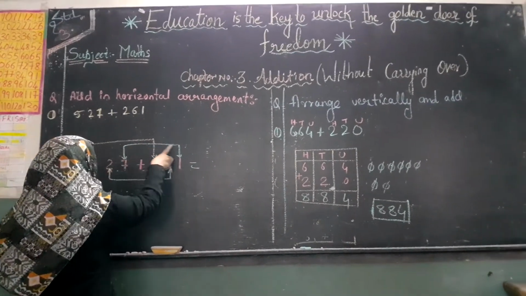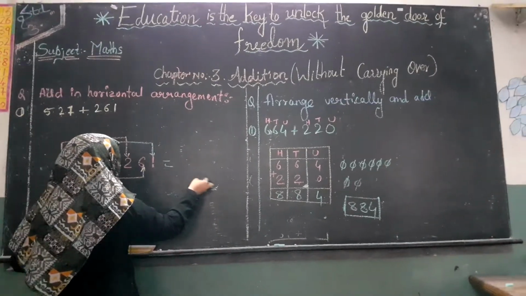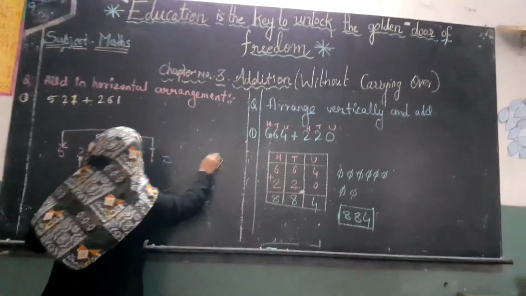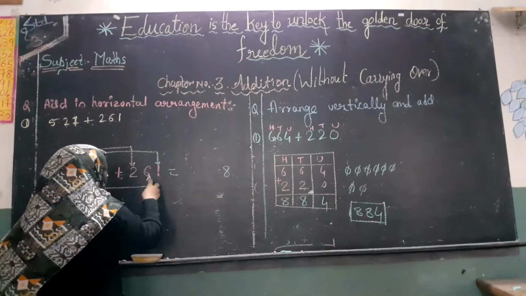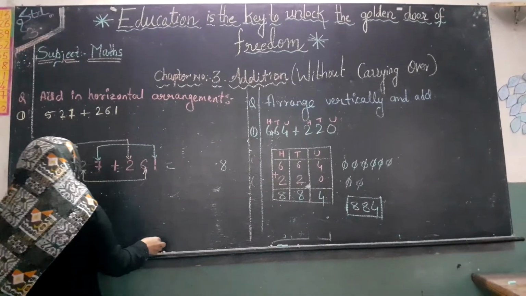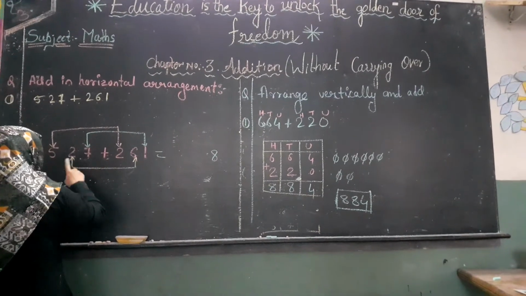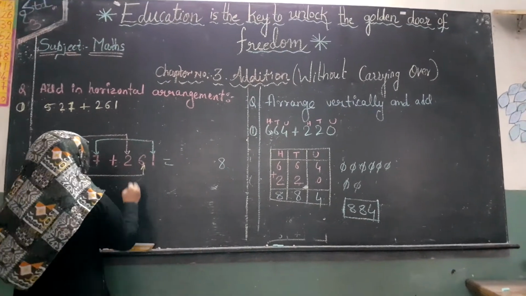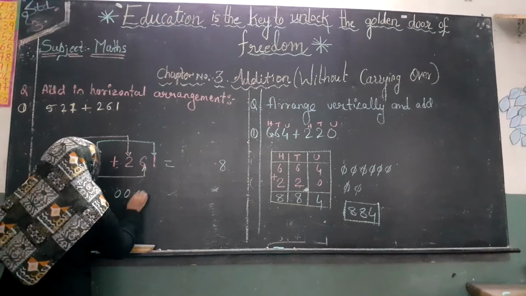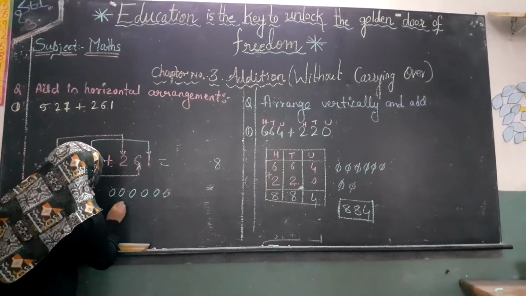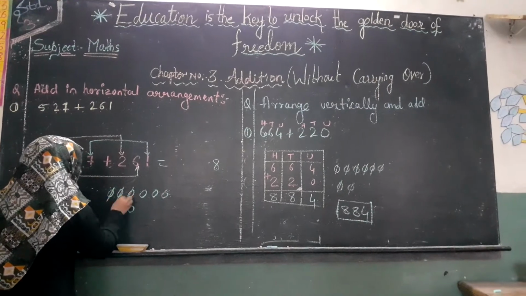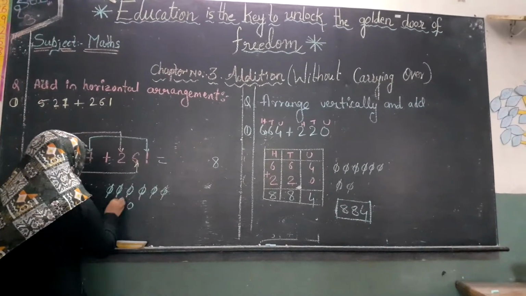7 plus 1 is 8. Then 2 plus 6 is, so 6 plus 2: 1, 2, 3, 4, 5, 6, 7, 8.